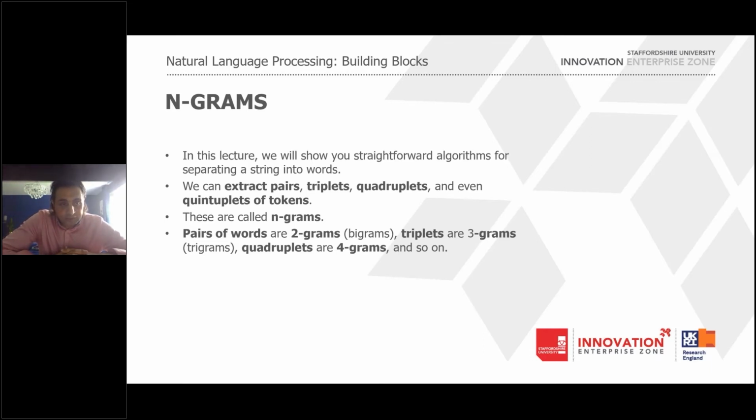So instead of just each word being extracted as a token, as in the ice cream example, we can extract pairs as 1 token, or triplets, 3 words together as 1 token, or quadruplets, 4 words together, or even 5 words considered as 1 token. What we define here is called N-grams. It could be 2-grams, bigrams, or pairs of words, or triplets, 3-grams, 4-grams, and so on.